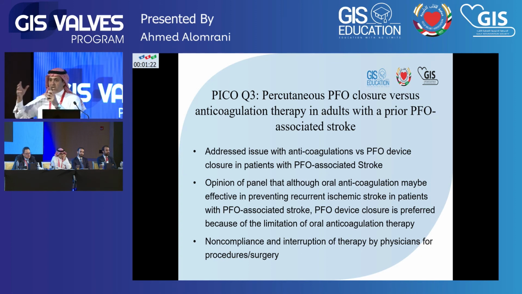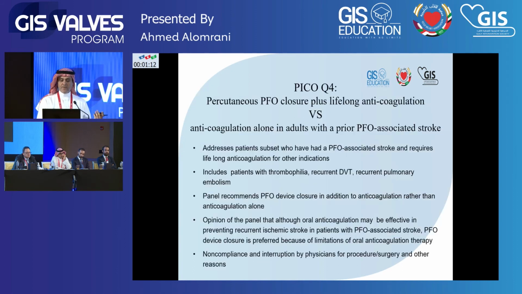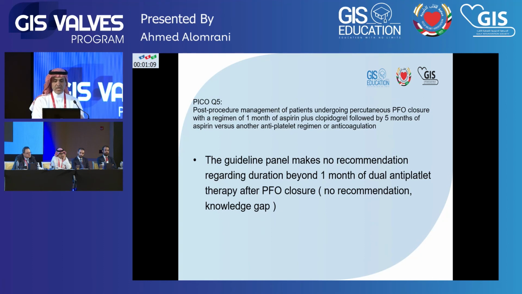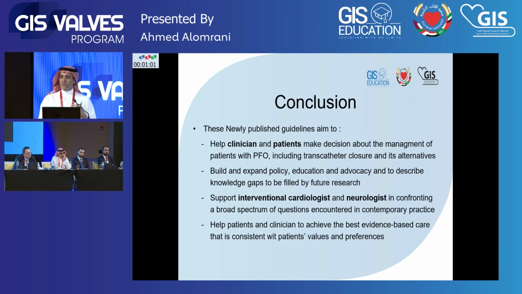So taking the patient and researcher input, the guidelines actually made a shift from our interventional group to go ahead and proceed with closing it, knowing there are issues with compliance regarding these patients. Coming back to the last question, regarding whether you do dual antiplatelet or single, there is really no strong recommendation to go with yes or no.